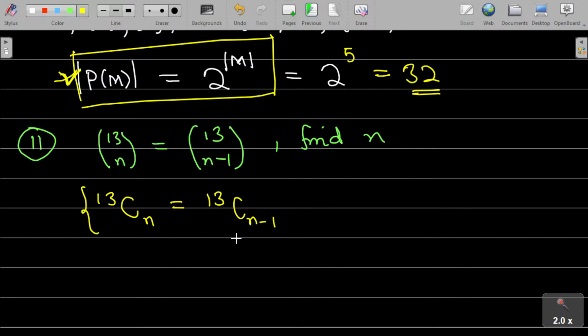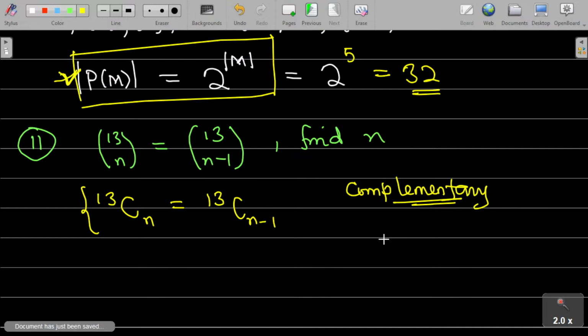And what is the approach? It's very simple. We call this complementary combination. When two combinations are equal, we say they are complementary, especially when their n are equal. You know combination is always n combination r. So look at the formula.